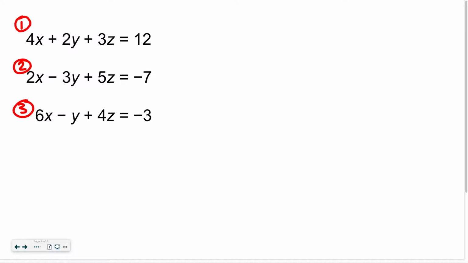Do you want to eliminate x, y, or z? Take a moment to look over your 3 variable system. I would argue that in some cases it's possible to work smarter, not harder, if you look at your coefficients. Anybody want to make an argument for what they want to eliminate?